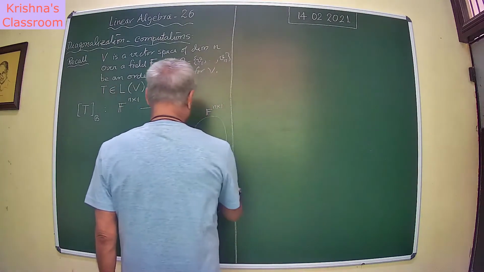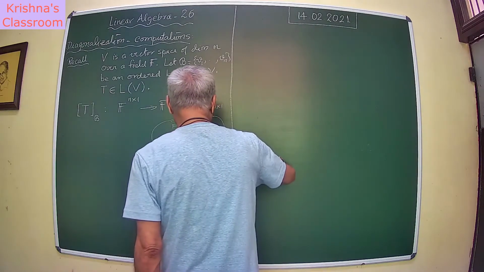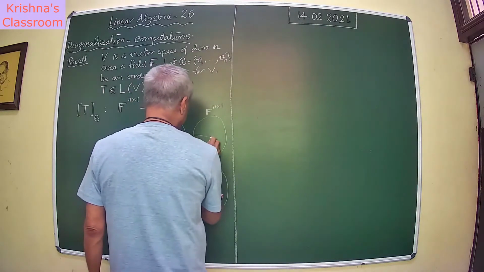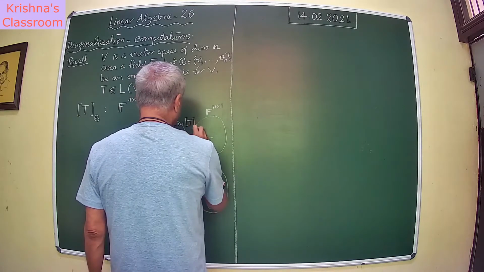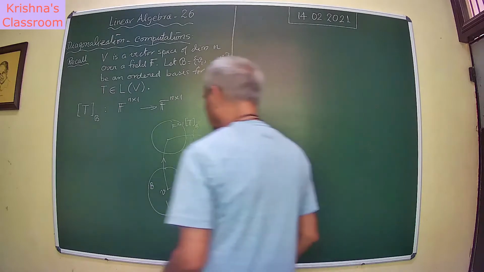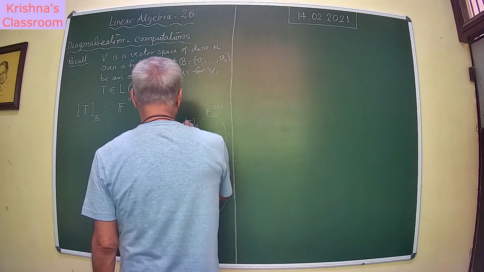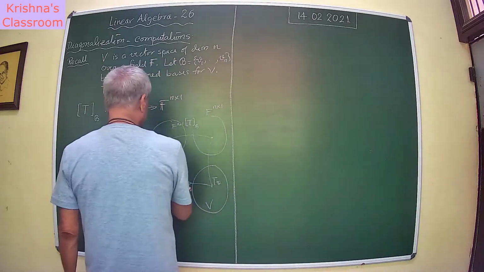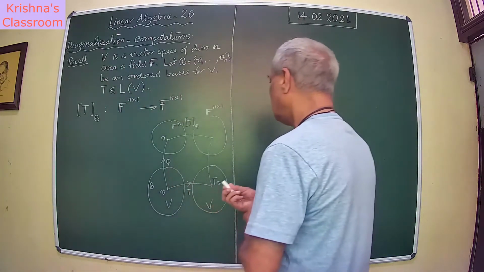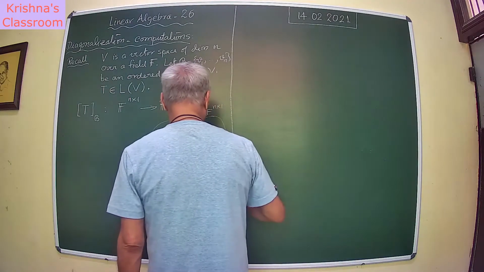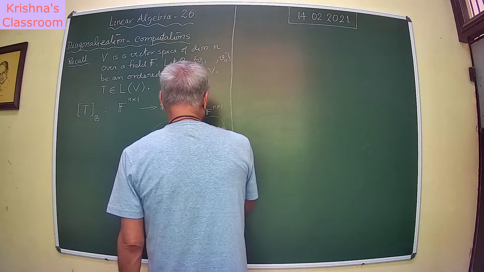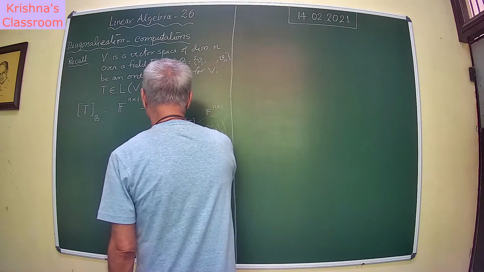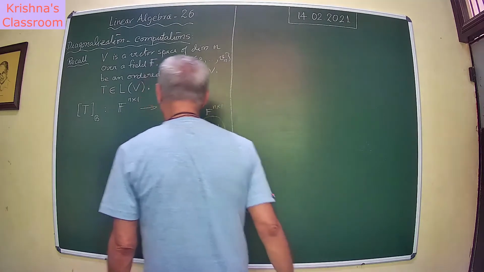And then corresponding to T, you have an n by n matrix, which we have designated by T B, which maps the image of v in Fn cross 1 under the isomorphism set up by phi.